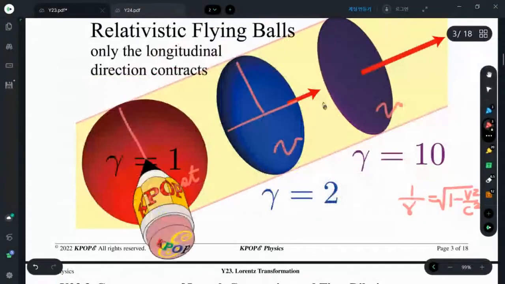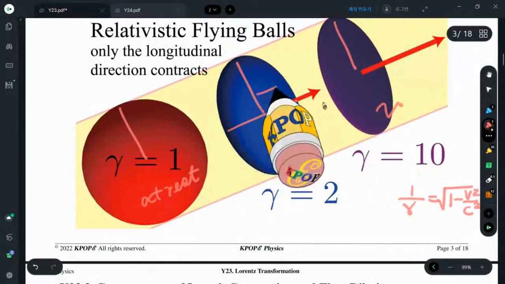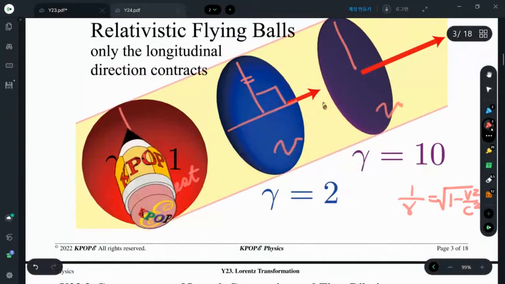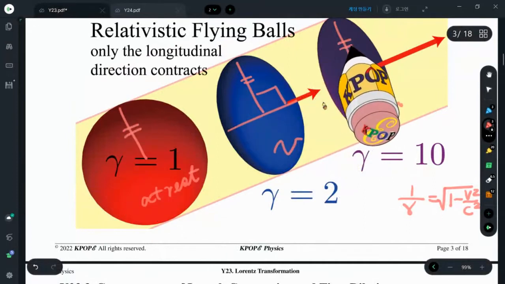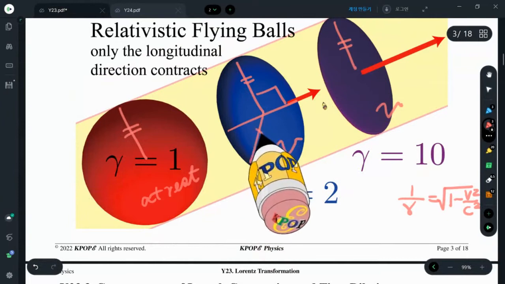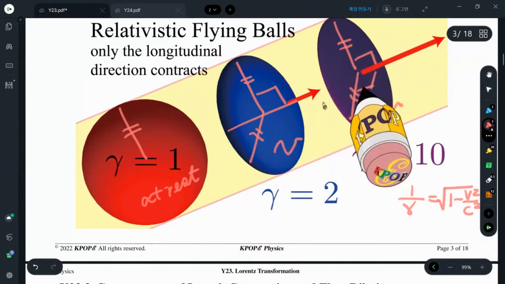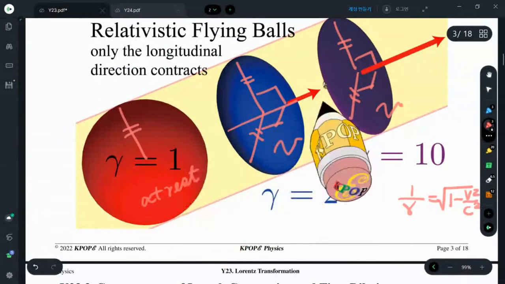Remember that the transverse direction, that is perpendicular to the motion, is invariant. That does not change. Okay?